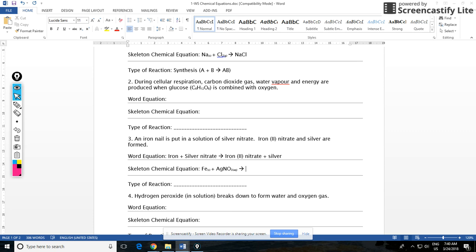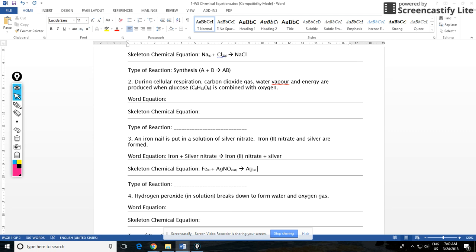Now, in this case, we didn't provide what the states were in the descriptions. But in these types of reactions, usually the metal that's produced will be in its solid form as a precipitate, and we'll learn more about that later on.